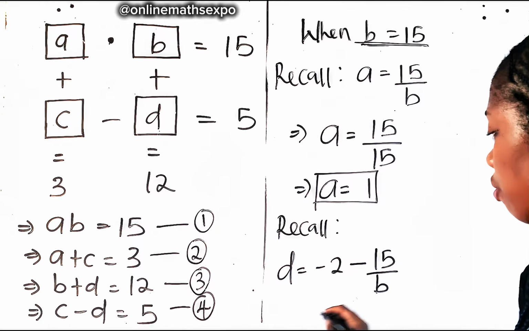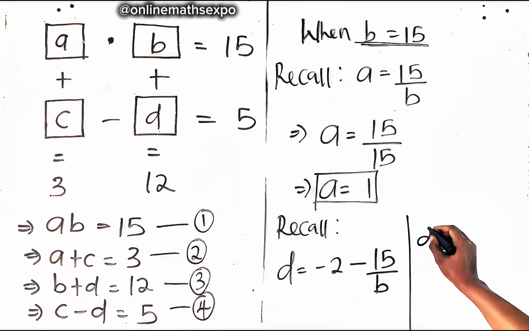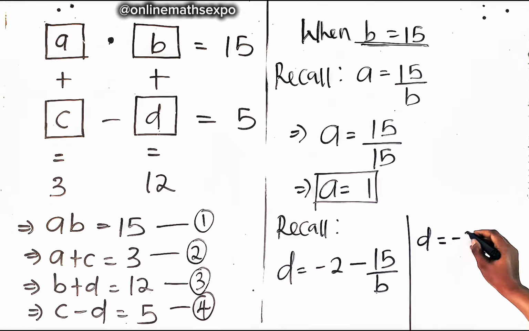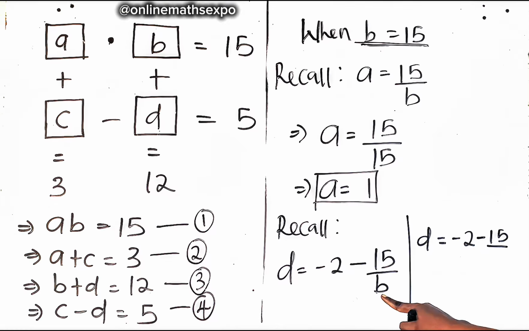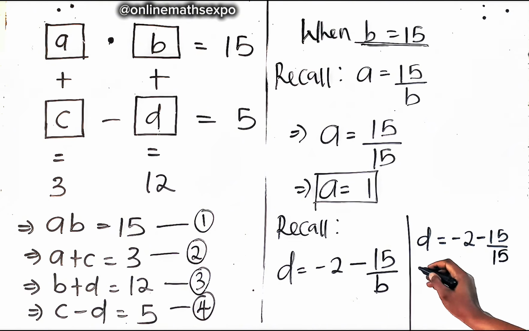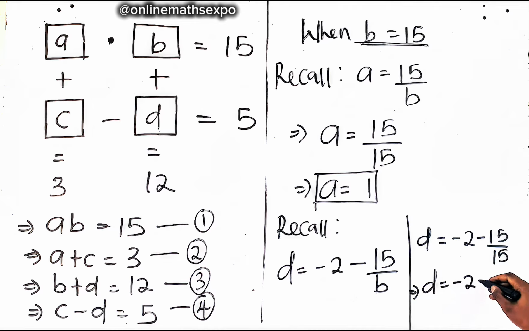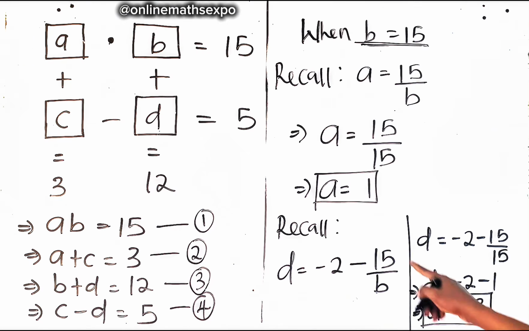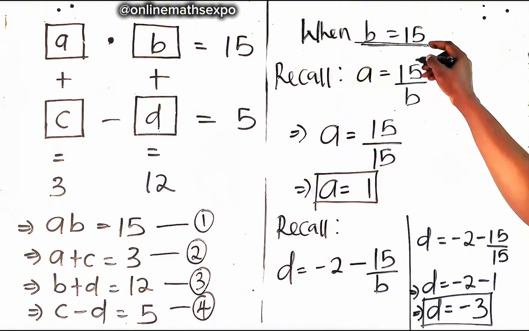Our d will be negative 2 minus 15 divided by 15. So this gives us d is negative 2, and dividing this gives you negative 1, so your d will be negative 3. So we have gotten d as negative 3, a as 1, and b as 15.